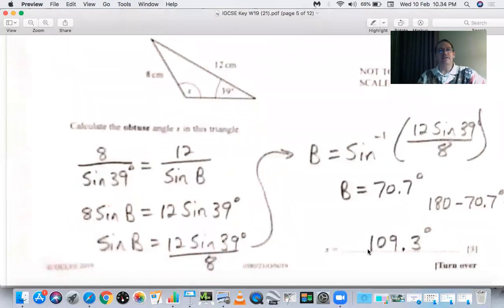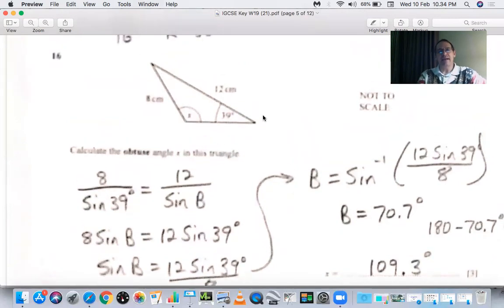Here, calculate the obtuse angle in this triangle. Well, when you have a non-90-degree triangle, you can use either the law of sines or the law of cosines. If you have a pair, meaning a side with its corresponding angle across from it, then you'll use the law of sines.